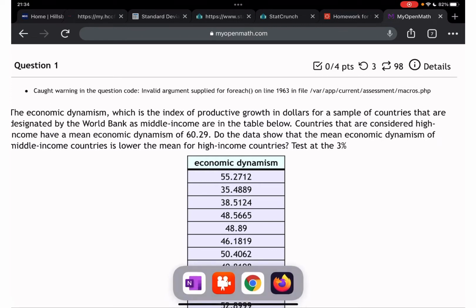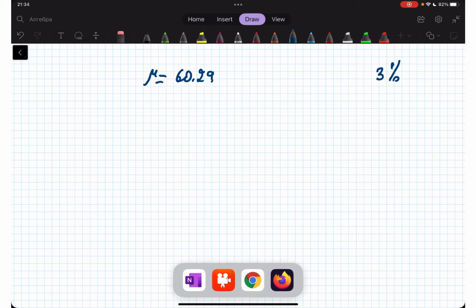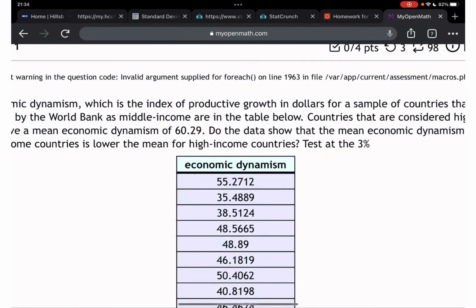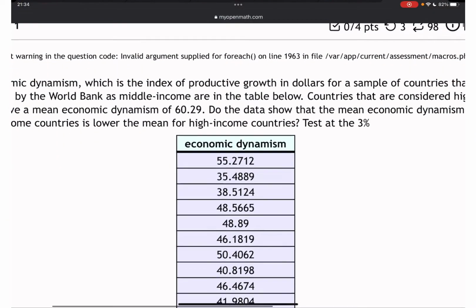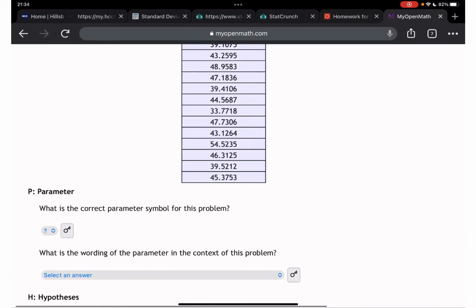Okay, we're going to test at 3%. All right, let's start answering the questions. So this is our table and we will work with the table, but let's start at the beginning. What is the correct parameter symbol for this problem?